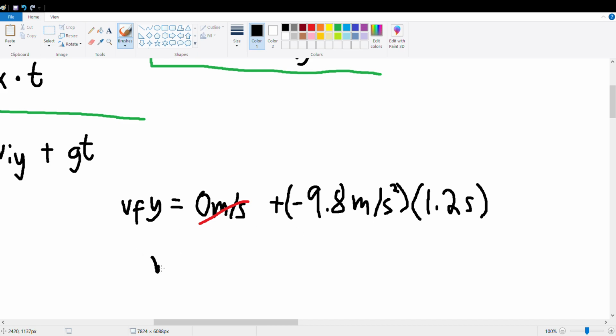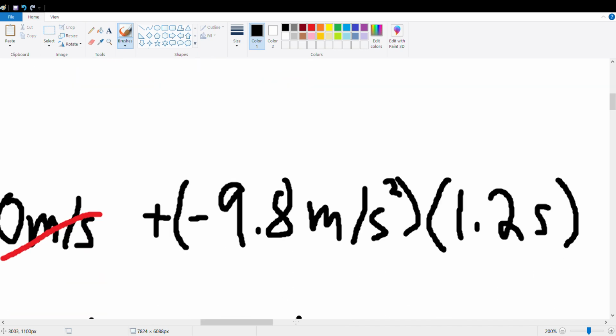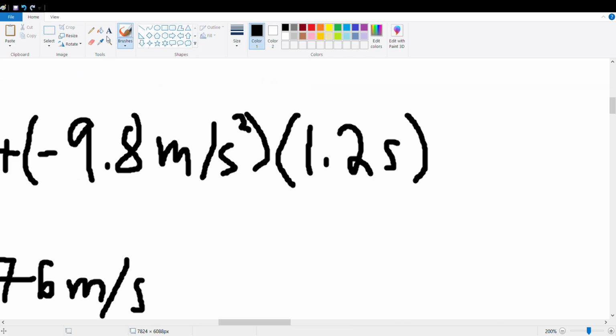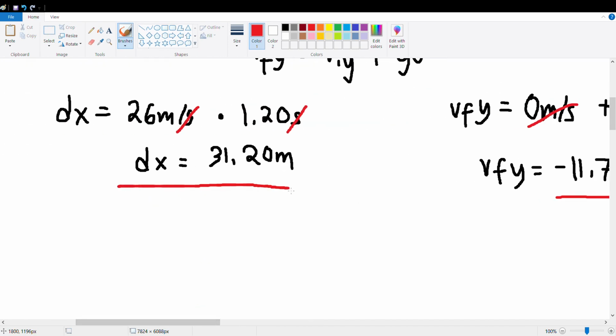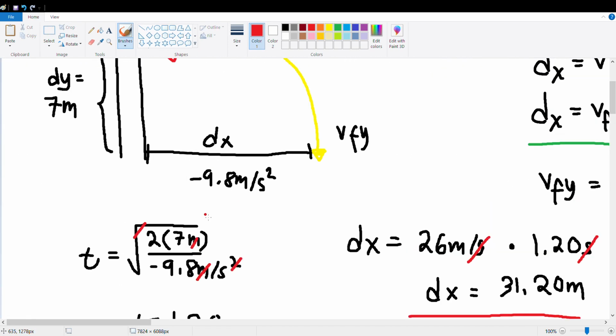So that should give us negative 11.76 meters per second, because you cancel out the s here. So that's how you got negative 11.76 meters per second, dx and t.